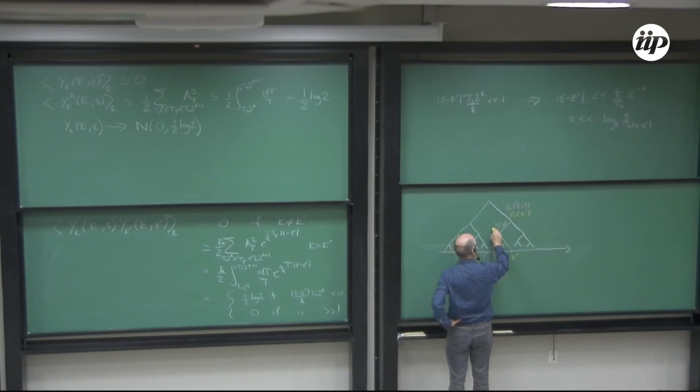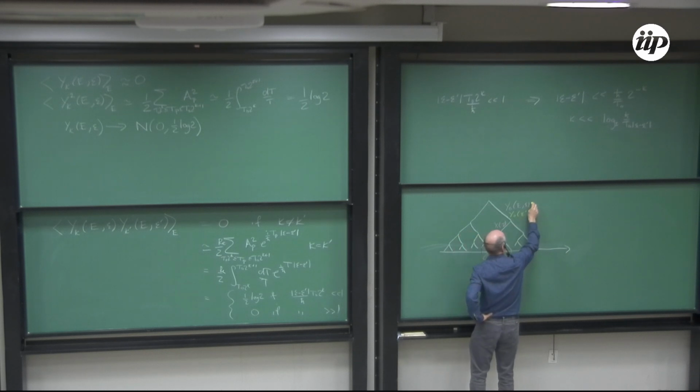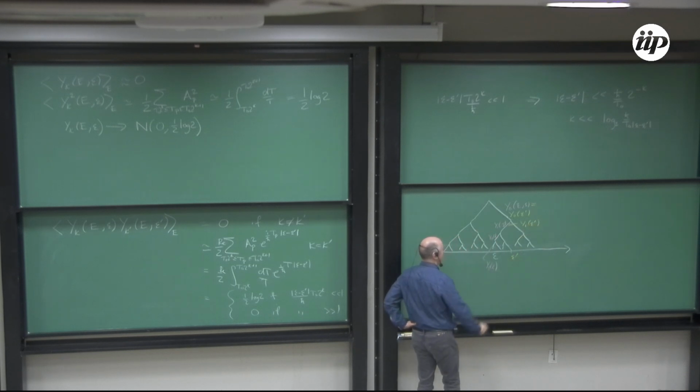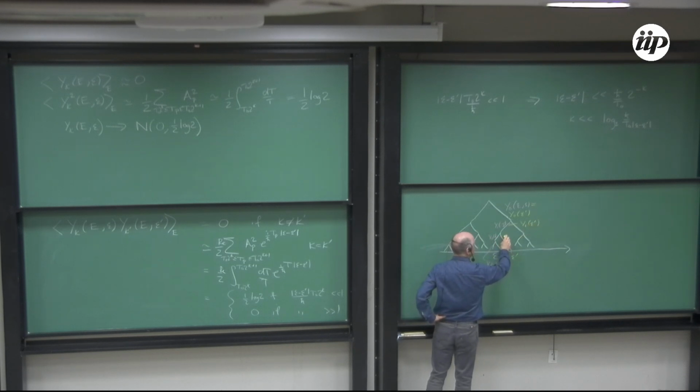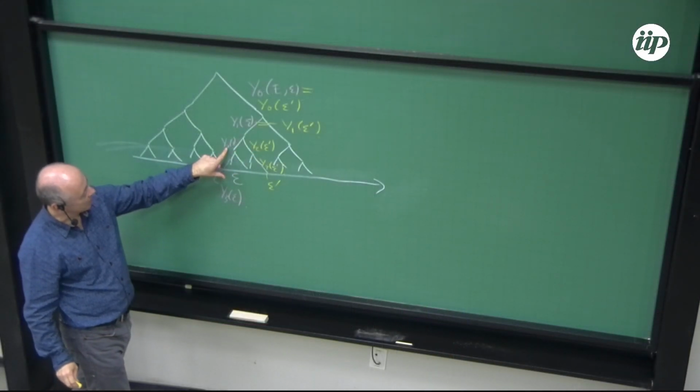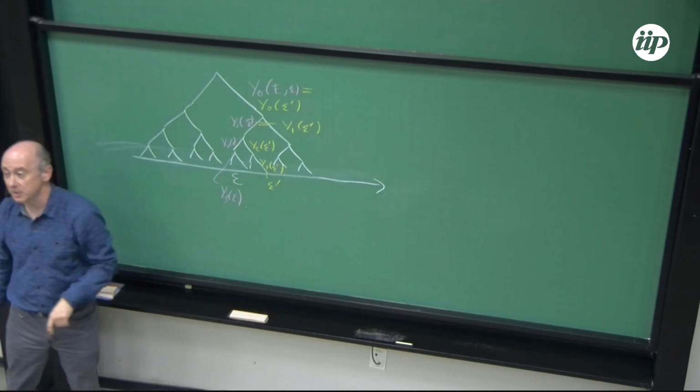And this is precisely y1, and these are equal to each other. And this is precisely equal to y1 of epsilon prime. But at this stage of the tree, the two separate. So this is y2 of epsilon prime, y3 of epsilon prime, and those are different, completely decorrelated from the corresponding y's that contribute to epsilon.